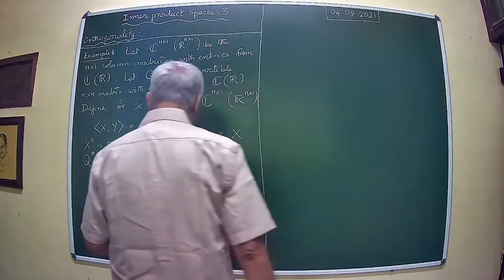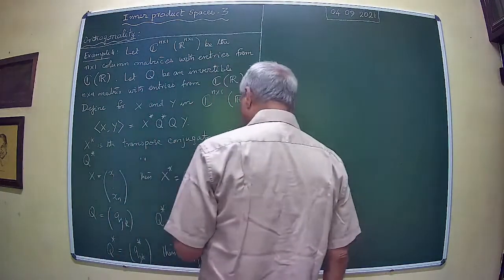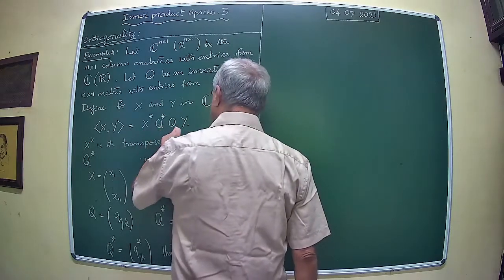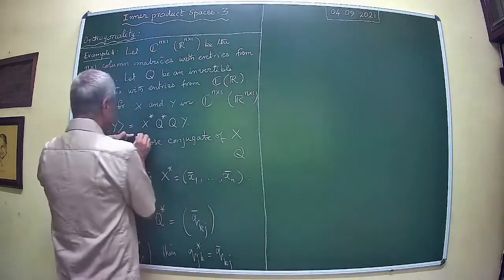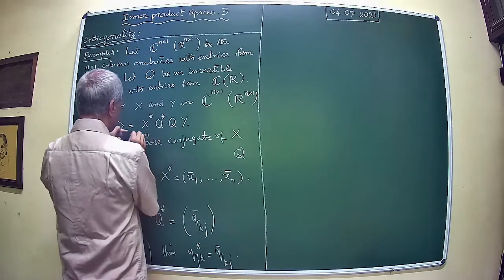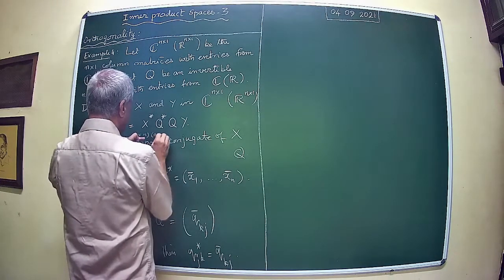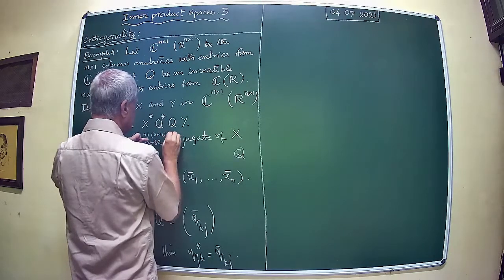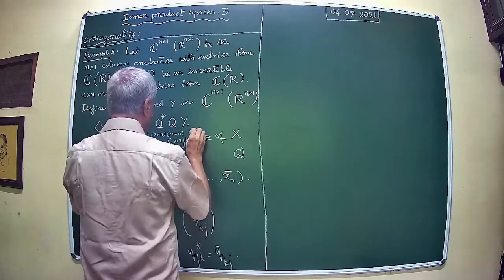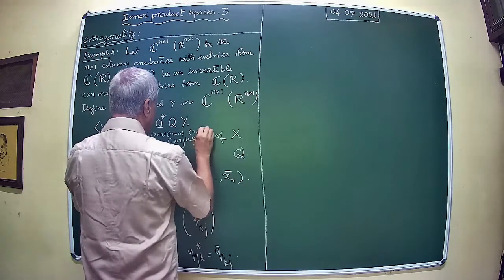Then you see that we have 4 terms here. This is a 1 by n matrix. This is an n by n. This is an n by n. And this is an n by 1.